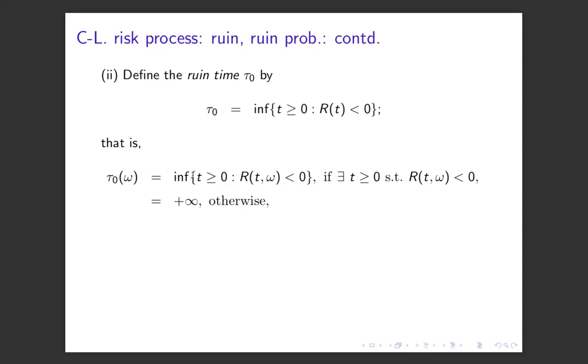That is, if there actually exists a t greater than or equal to 0 such that Rt omega is strictly less than 0. Otherwise, this is equated to plus infinity. What does that mean? If for a particular omega, tau 0 omega is plus infinity, it means it never goes below 0. This never happens.